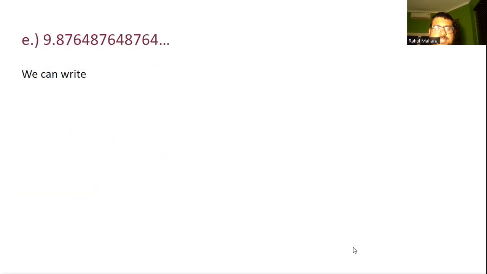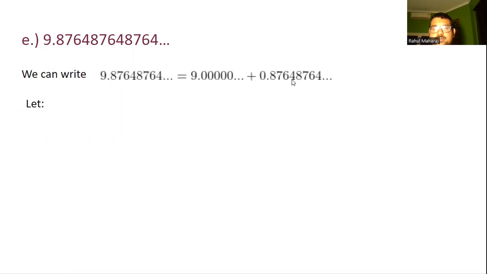In E, we can write 9.8764 recurring as 9 plus 0.8764 recurring. We know how to convert the 0.8764 recurring as a fraction, so we let our x be equal to 0.8764, and we call that equation 1.